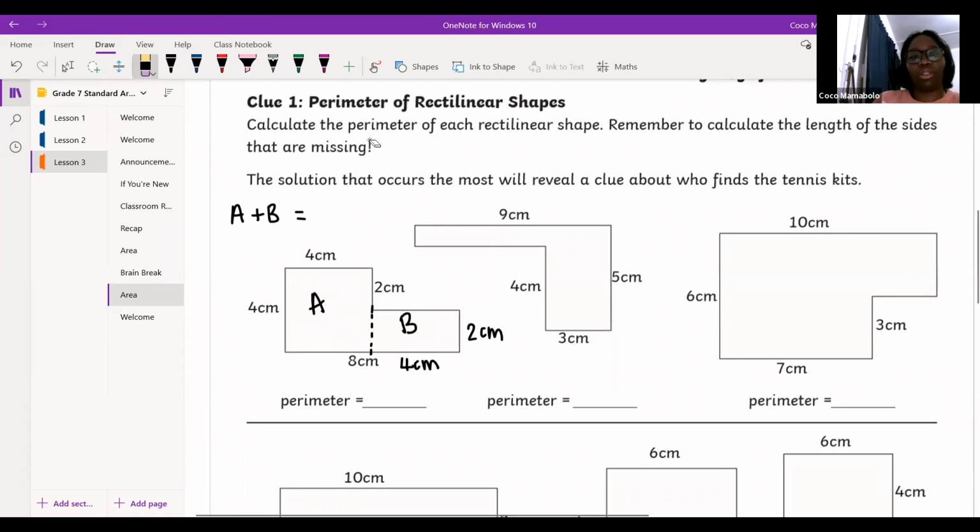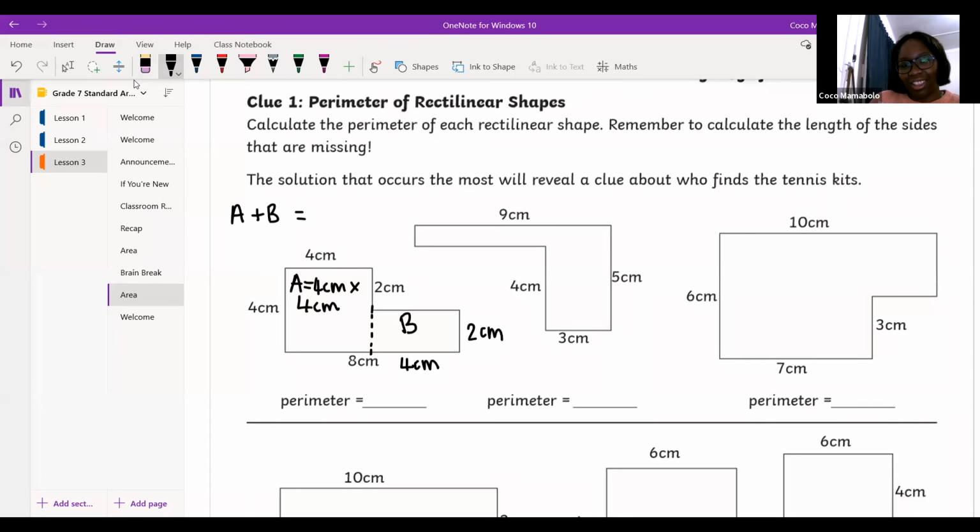Okay, Rodrigo, are you going to walk us through this one? Yes, I will. All right, so what am I writing down over here? For A, tell me what the area for A is. A equals 4 centimeters times 4 centimeters.